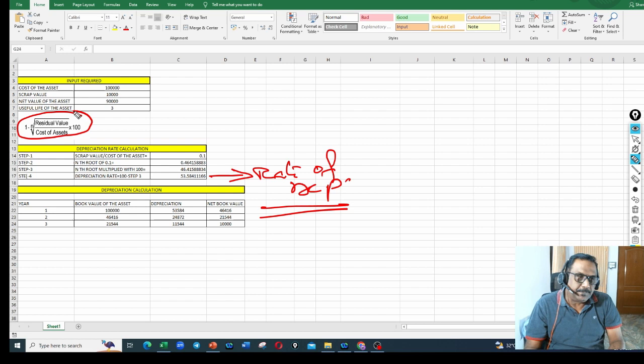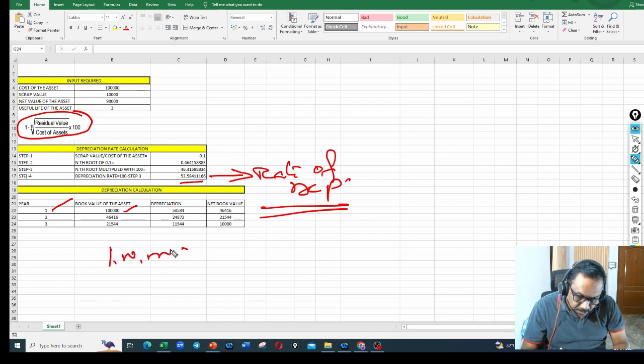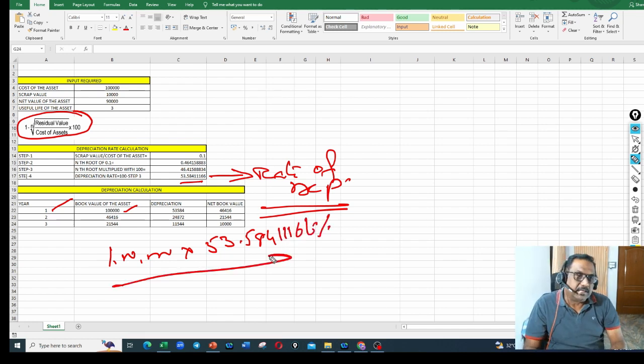So this is how the rate of depreciation has to be calculated by using this formula. Once you apply this depreciation, we'll see how the depreciation is going to be. First year, 1 lakh is the asset. Then 1 lakh into 53.5841166 percentage. You apply in your calculator.